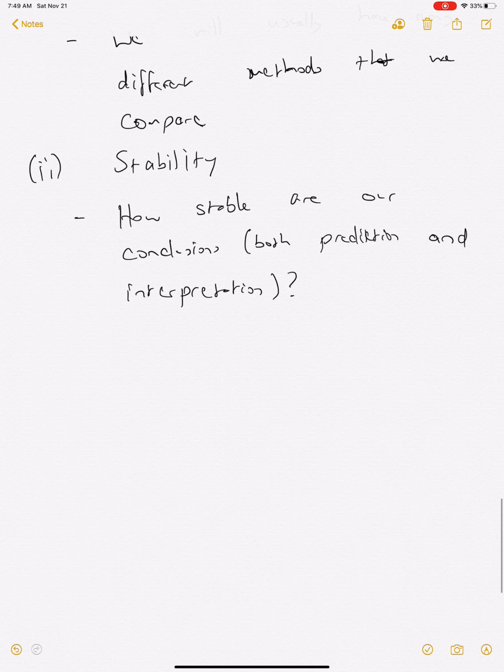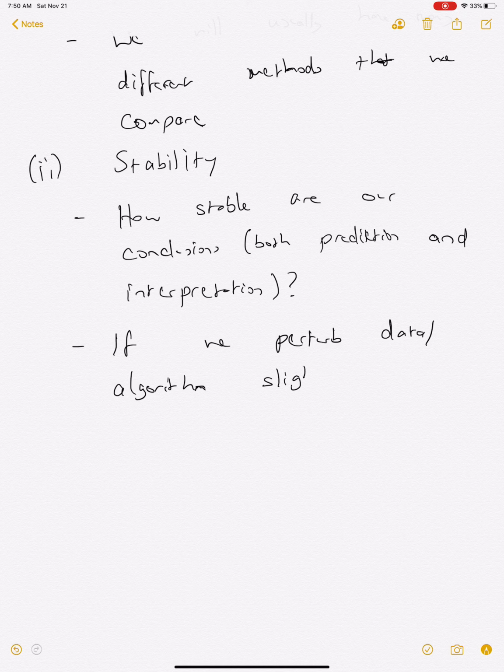Another way to think about this: if we perturb the data or algorithm slightly, will the same conclusions hold? This is really, really important.